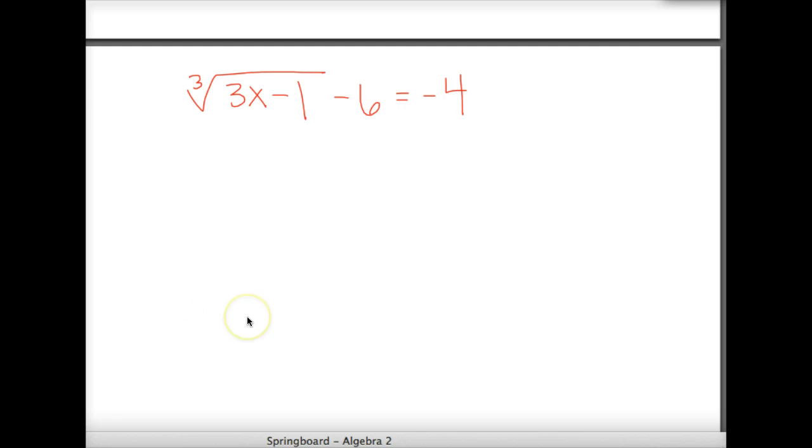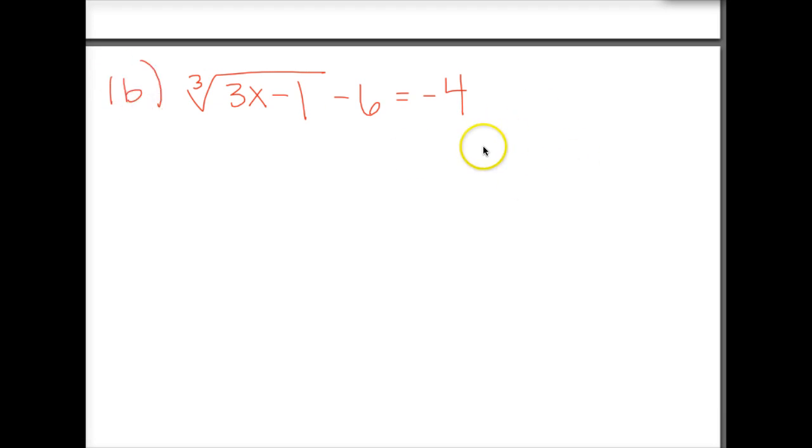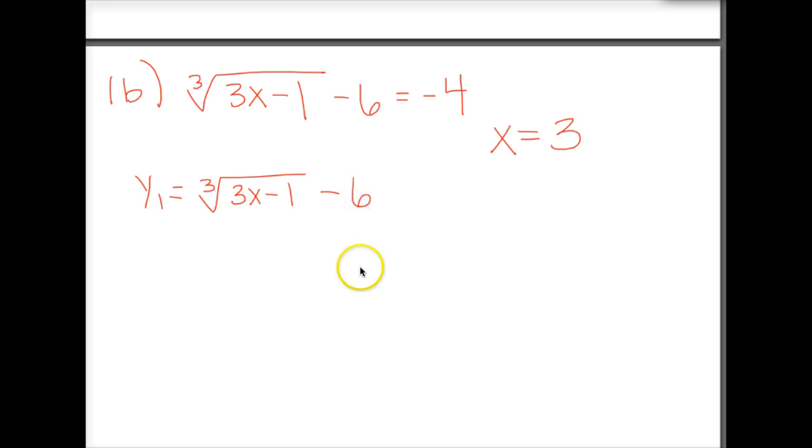All right, the correct answer for 1b here in the CYUs is x equals 3. So if you did not get this, here are the steps you should have taken. In your graphing calculator, in your y1, you should type in cube root of 3x minus 1, and then with a minus 6 on the outside.